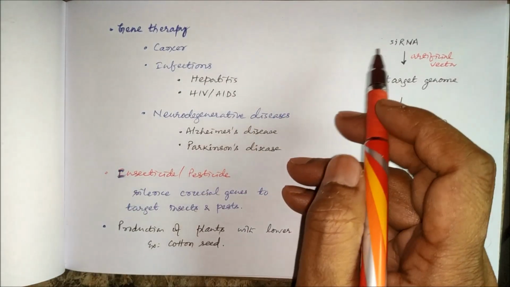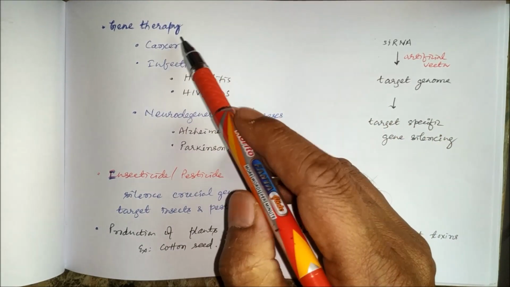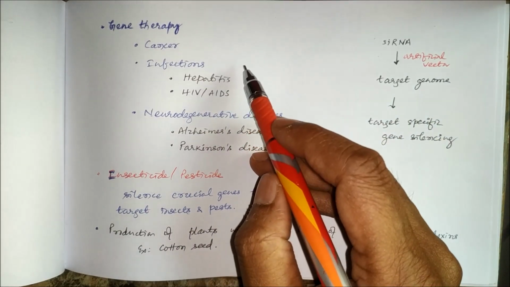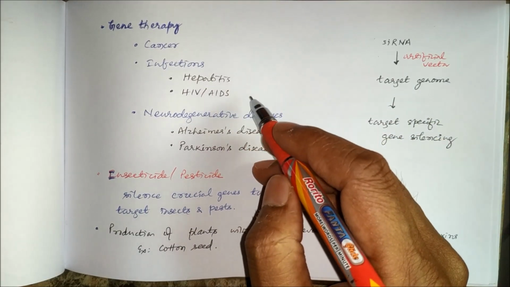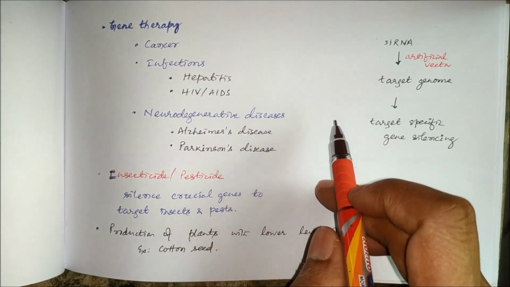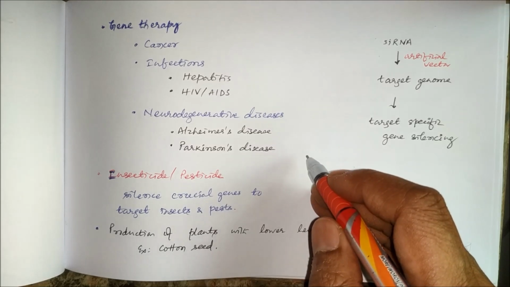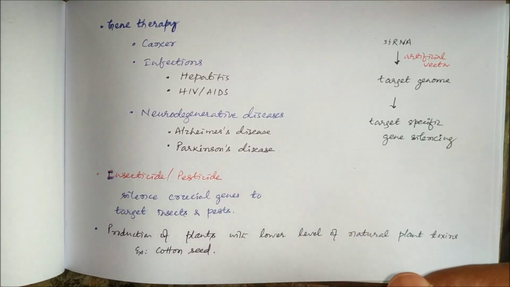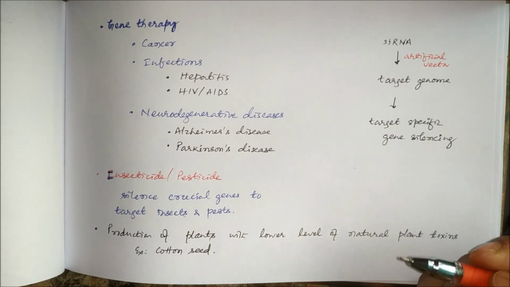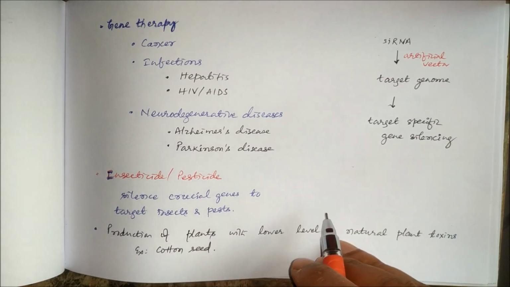So siRNA is nowadays under investigation for use as gene therapy, mainly in case of cancer, infectious diseases like hepatitis, HIV or AIDS, and nowadays also they are used for neurodegenerative diseases like Alzheimer's disease, Parkinson's disease, and we can use them as insecticide or pesticide by targeting the insects and pests to silence crucial genes in the insects and pests.